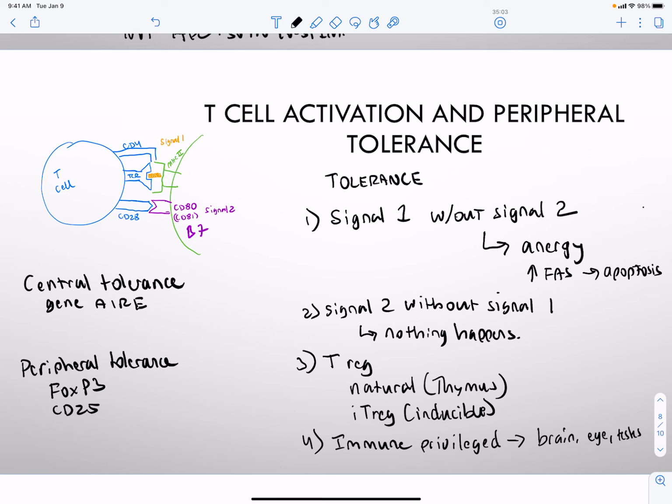And it's because the body does not want your immune system to have inflammation at these sites because that causes a lot of damage. However, if you do have an infection in your brain, you will get your immune system in there. The eye as well. If you have inflammation of the eye, it's very important to treat because typically once your immune system gets into one eye to try to clear an infection, you can go blind, and then the immune system can now enter the other eye, and you can go blind in both eyes. There's also overstimulation. Again, too much antigen binding will also cause clonal anergy.